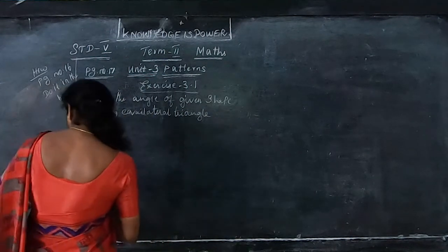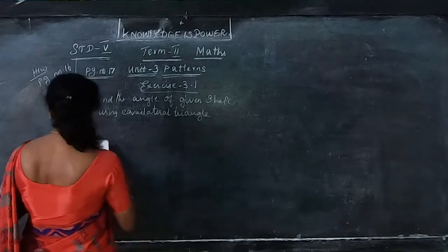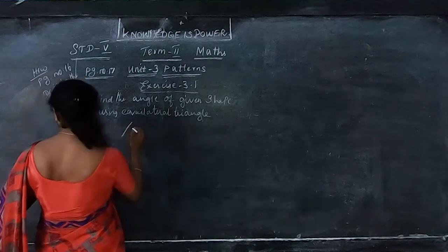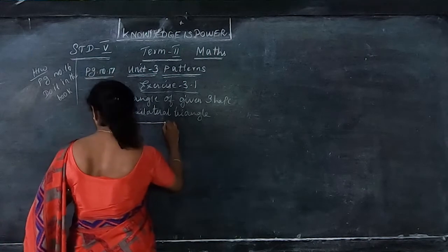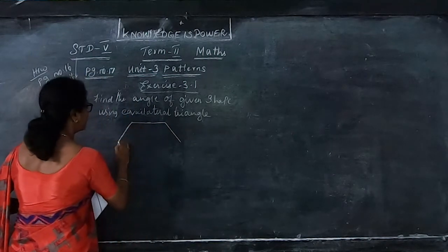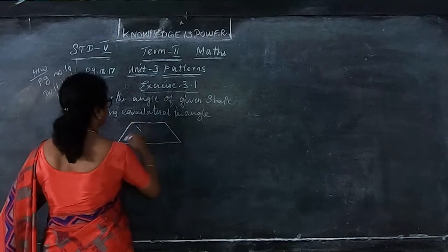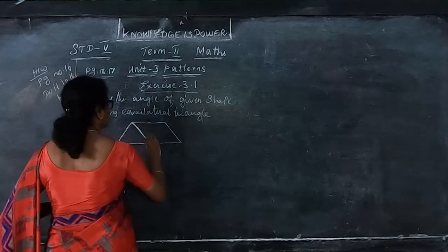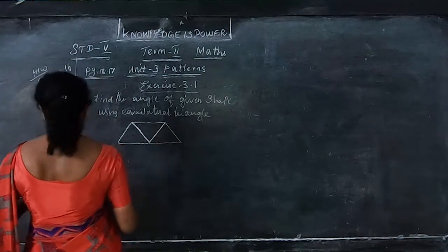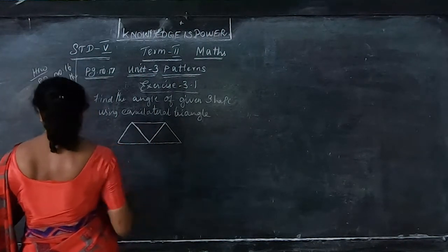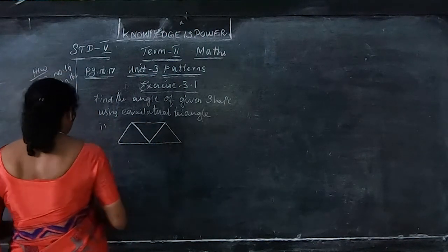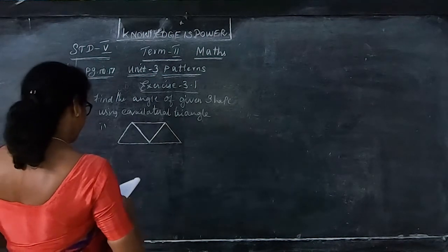So here they are given the picture. So this equilateral triangle, we have to find the angle. Okay, so here the dotted lines they are given. First sum, this is. So one triangle is equal to 60 degree, I said.